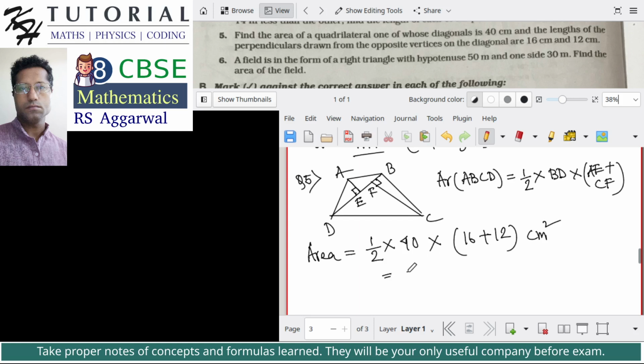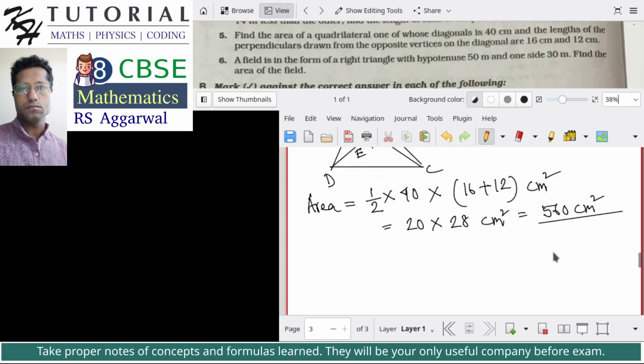This is equal to 40 divided by 2, which is 20, multiplied by 16 plus 12, which is 28. This is equal to 560 centimeter square. So the area of the quadrilateral is 560 centimeter square.